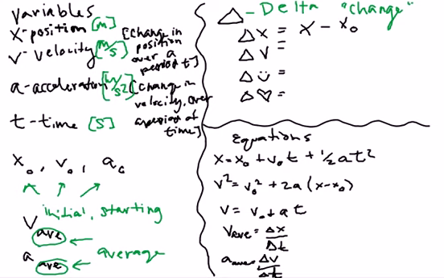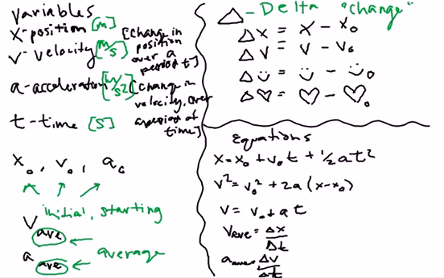If we want to figure out the change in velocity, we'd have the final velocity minus the initial velocity, or v naught. If you have a change in mood, you would have your final mood minus your initial mood. If you have a change of heart, you would have your final heart minus your initial heart. So the main thing with delta is it's the final minus the initial.